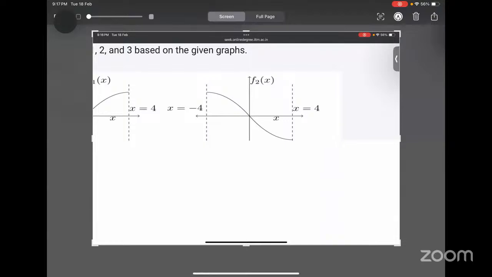No. See, if it is flat after some time, then it is fine. But here it is not flat, because the domain is between minus 4 and 4, and I'm talking about this portion only. Between minus 4 and plus 4, we both have the same idea. But the point is, if it is going to be from minus infinity to plus infinity.